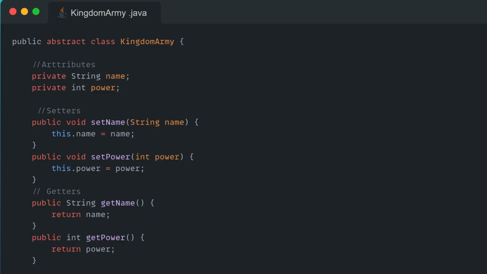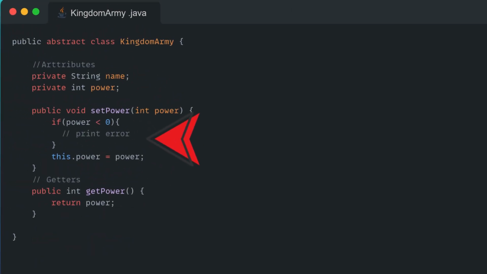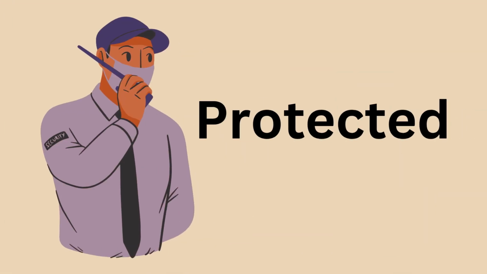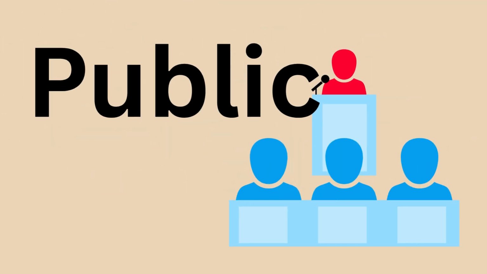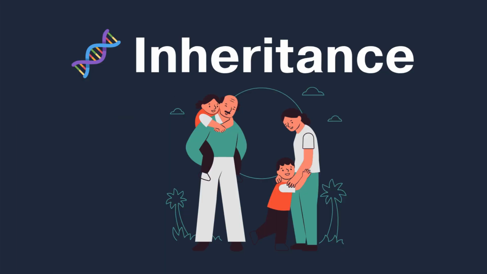We use getters and setters, which give us controlled access. For example, you can prevent setting health to a negative value through a setter. And depending on your design, you can use other access modifiers like protected, default, or public to allow or restrict access from outside classes.